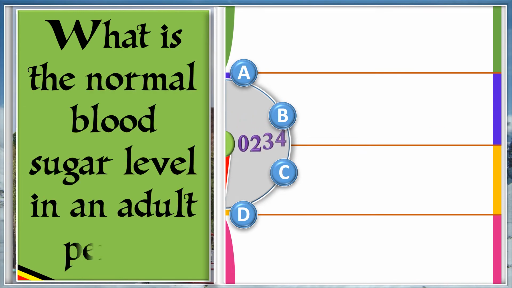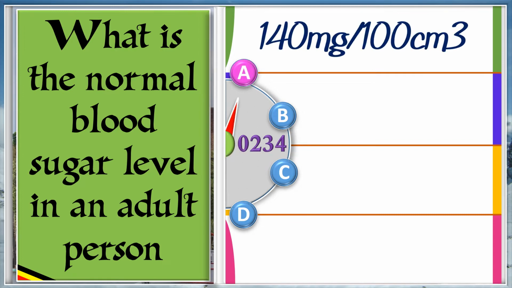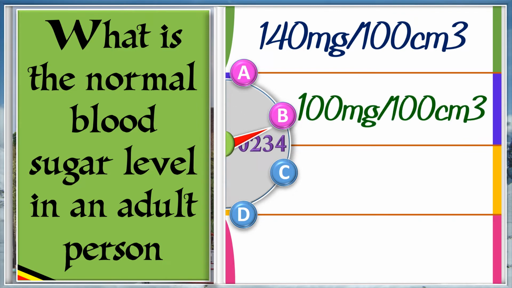What is the normal blood sugar level in an adult person? A. 140 milligrams per 100 cubic centimeters. B. 100 milligrams per 100 cubic centimeters.